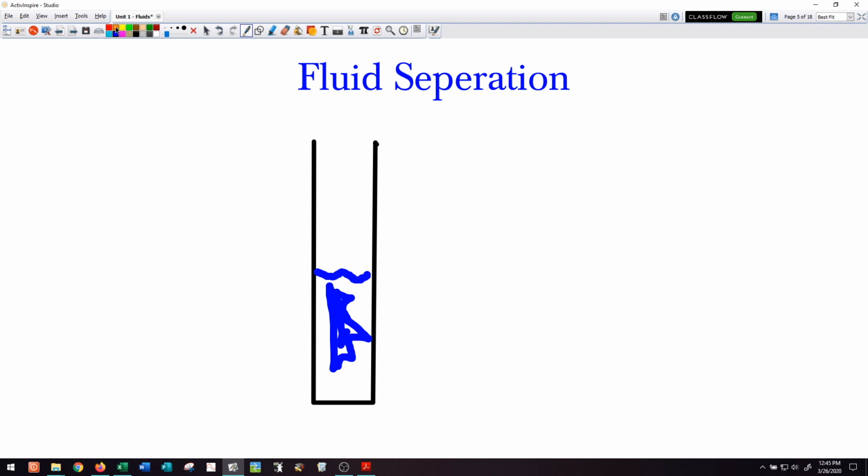And then maybe we fill it up with oil. Well, oil is a less dense fluid than water, so the oil would float on top of the water. That's a pretty typical demonstration of how density matters. And as long as we know those densities, we can figure out how the two things float relative to each other.